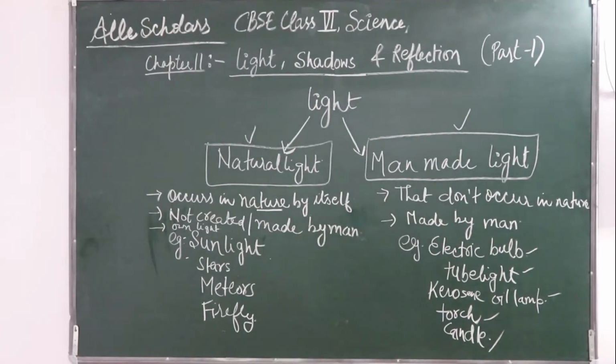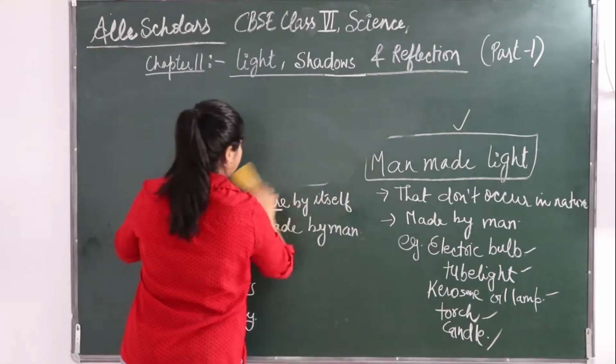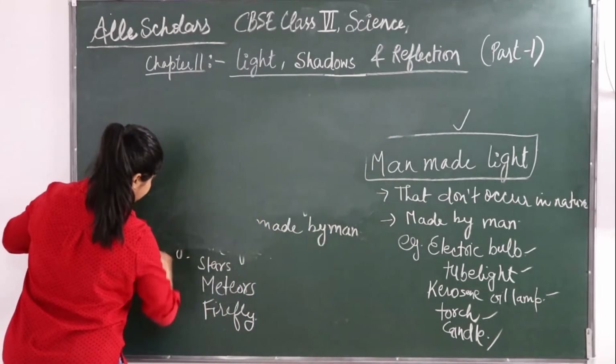So next we will be seeing the types of object: a luminous object and a non-luminous object.